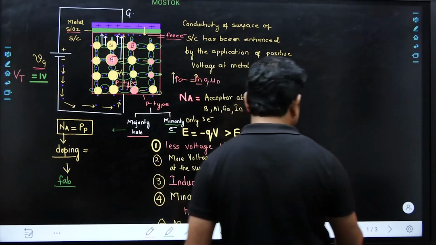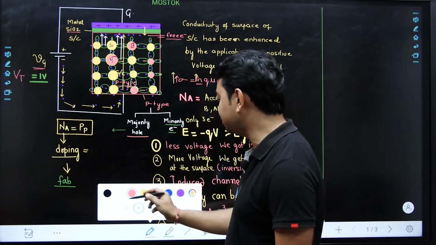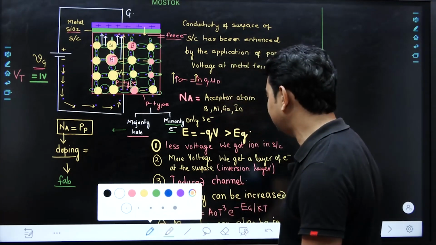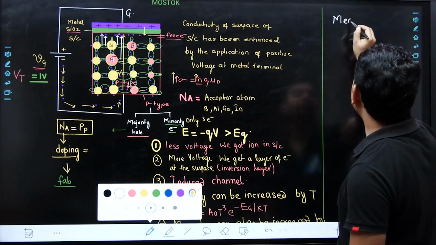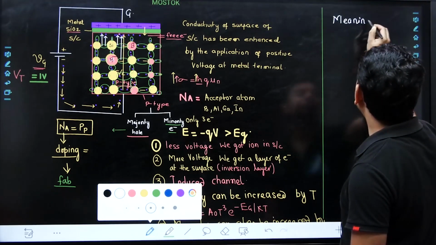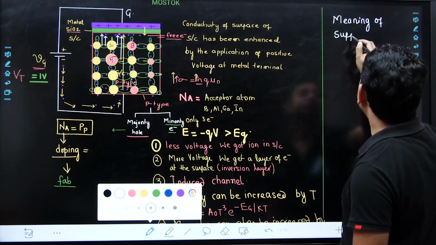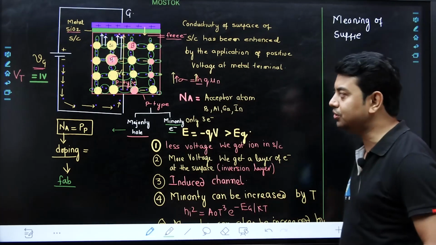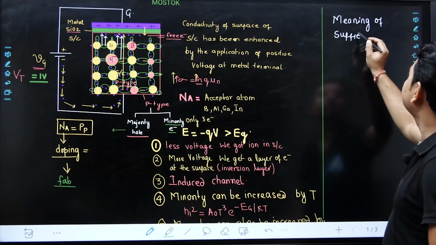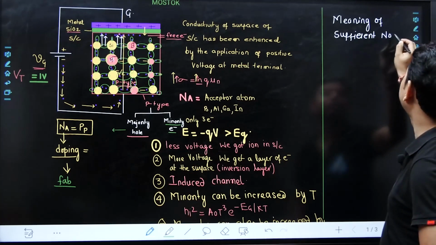And I just draw a line here. So what is the meaning of sufficient number of electrons? Can you tell me the meaning of sufficient number of electrons, which is responsible to increase the conductivity of the surface of the semiconductor? So I just write here sufficient number of electrons.